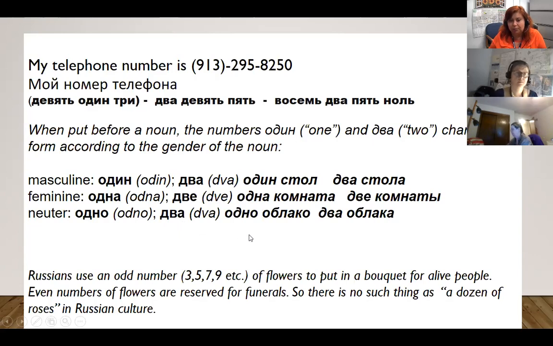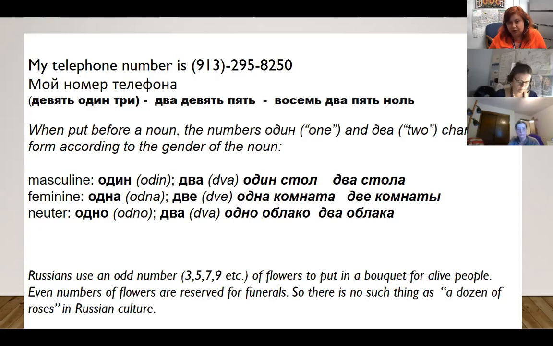Remember, I told you that all Russian nouns and pronouns and adjectives that correlate with those pronouns and nouns can be masculine, feminine, or neuter, which reflects not only the physical gender of objects or people or animals, but also a grammatical gender.